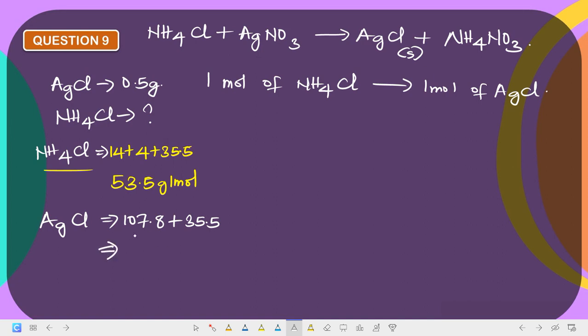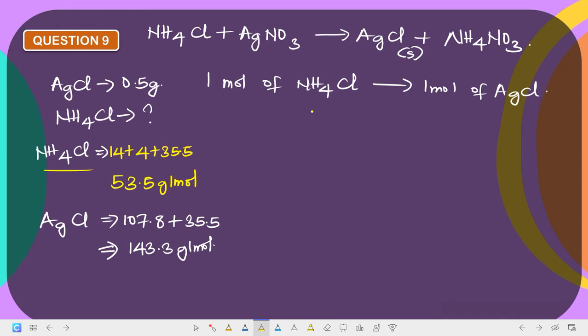So if you sum these two together, you are going to have a value, and that value will be the molar mass of silver chloride. So when you sum this together, it's giving us 143.3 gram per mole.